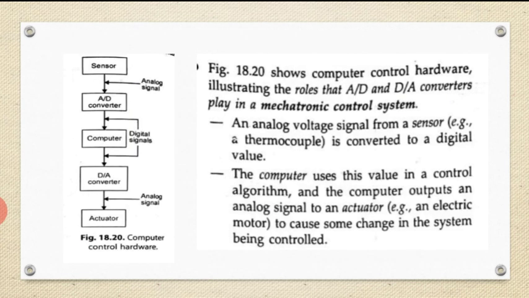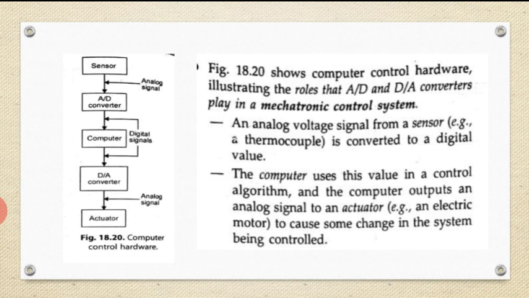This is the last block diagram, showing how the ADC and DACs are used. The figure shows computer control hardware illustrating the role that analog to digital converters and digital to analog converters play in a mechatronic control system.